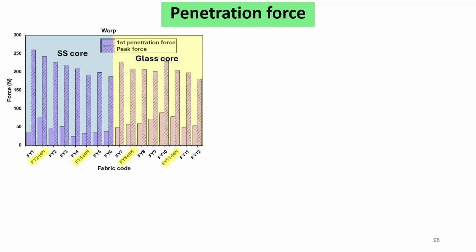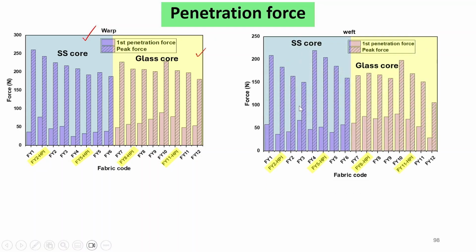Now, coming to the penetration force for this SS core and glass core in warp direction and weft direction. Here, if we see, and also fast penetration and peak penetration, there is no such significant effect of this hard particle impregnation on penetration force.